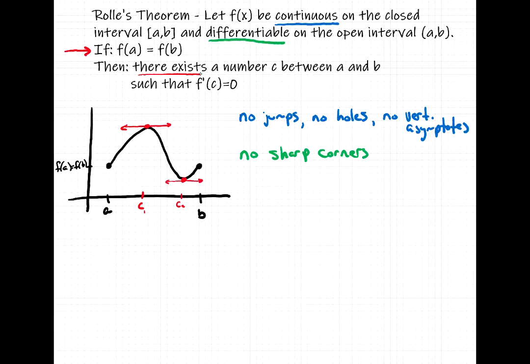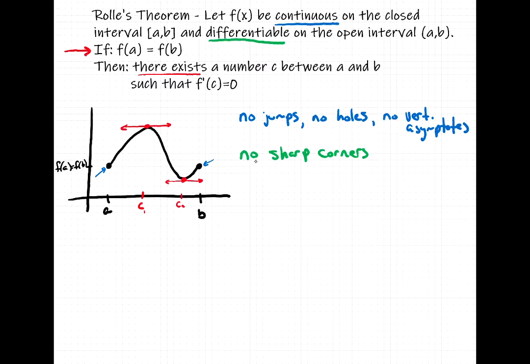Now you could pause this video and try to redraw this graph in different ways. There's no way to connect this dot and this dot with a continuous function that has no jumps, holes, no vertical asymptotes, and no sharp corners. Remember, the derivative is undefined at sharp corners, and we saw that earlier using one-sided limits.